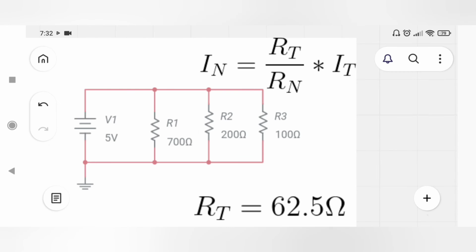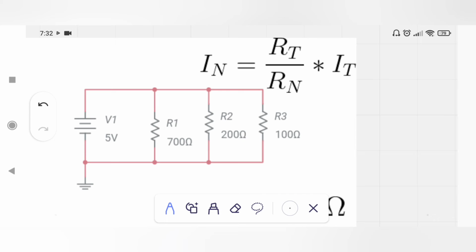This is the last example. In this example, there is a voltage source V1 of value 5 volts and 3 resistors R1, R2 and R3, and their equivalent resistance value is RT, which is equal to 62.5 ohm. To solve this example with the help of the current divider method, we need to find the value of IT, the total current flowing because of this voltage source.